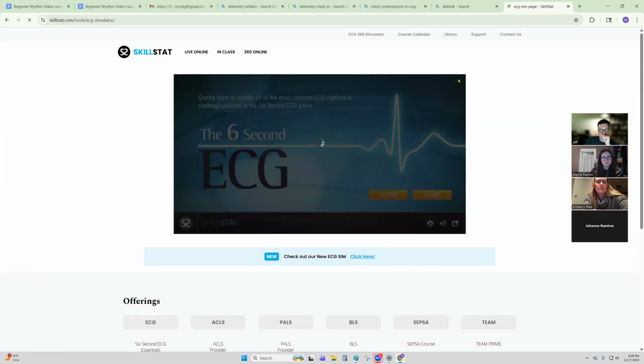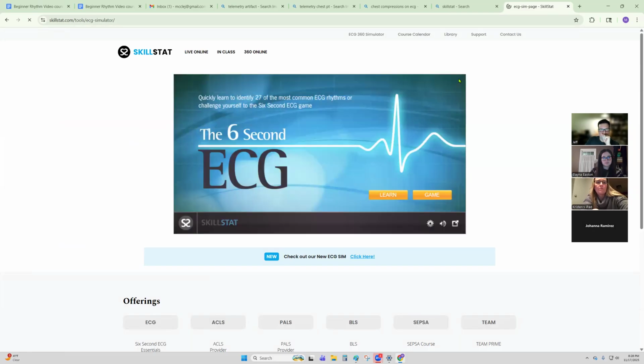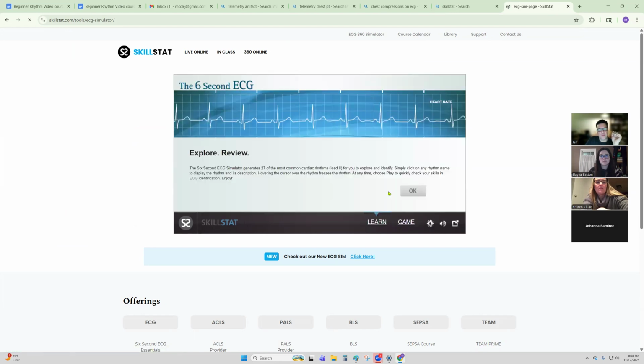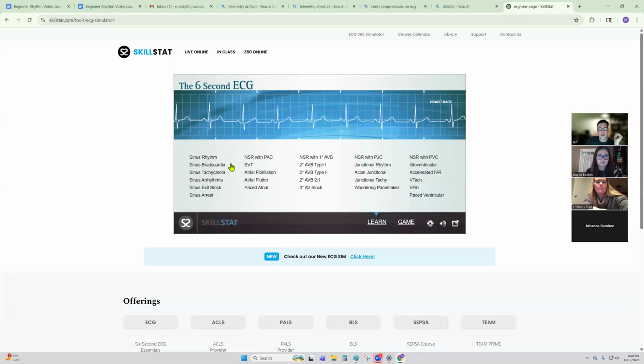There's two forms of this little game, and you can play the game or you can do the learn side. If you just want to learn, just hit OK, and it's going to show you the different rhythms.